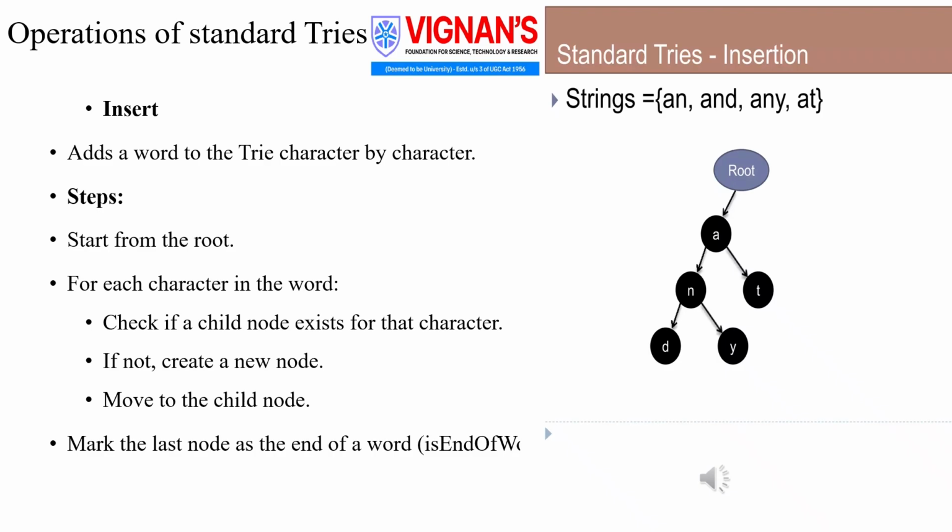If the child node does not exist, a new node is created. Then, we move to the corresponding child node and repeat the process for the next character. After inserting all the characters of the word, the last node is marked as the end of the word using an end-of-word marker. In this example, the words an, and, any, and at are inserted into the trie, and common prefixes share the same path.